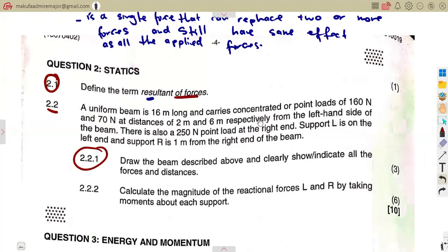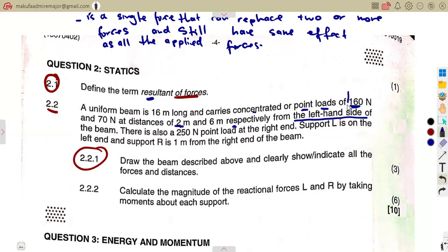So let's see what you're given. So this is 16 meters long. It carries the concentrated or point loads 160 Newton and 70 Newton at distances 2 meters and 6 meters respectively from the left-hand side of the beam. So let's start with the first one, which is 2 meters from the left side.